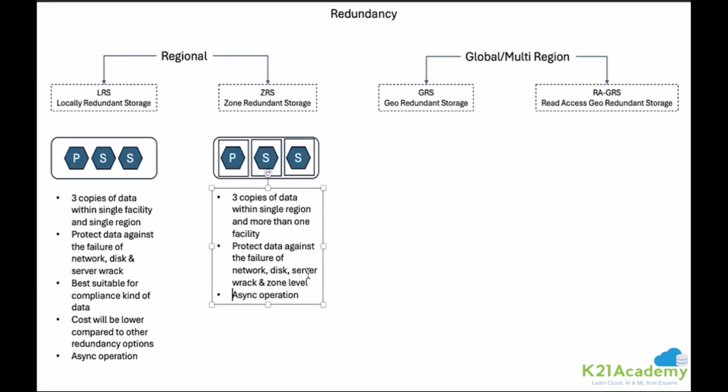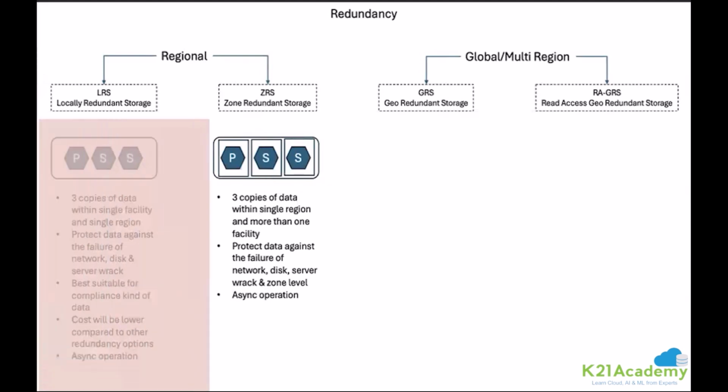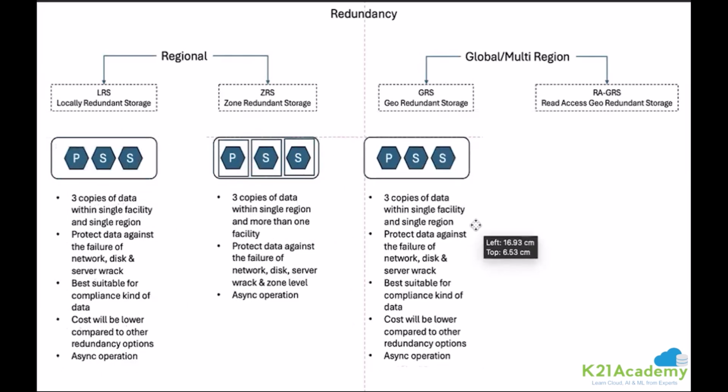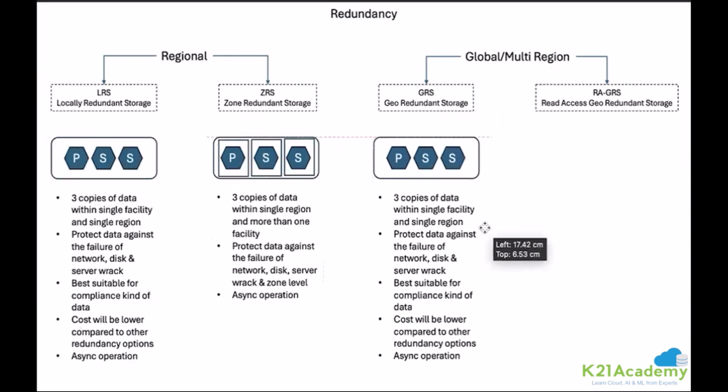Now imagine, if an individual availability zone goes down, then it's perfectly fine. But what if my whole region goes down? Then in that case, you may lose this particular option. So here what Microsoft did, they later introduced, okay, if you have zone dependency also, then we will help you out with another feature, GRS.